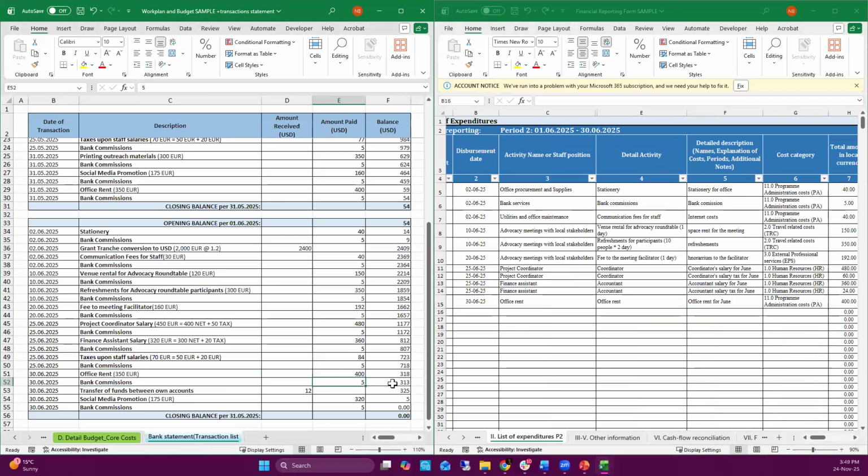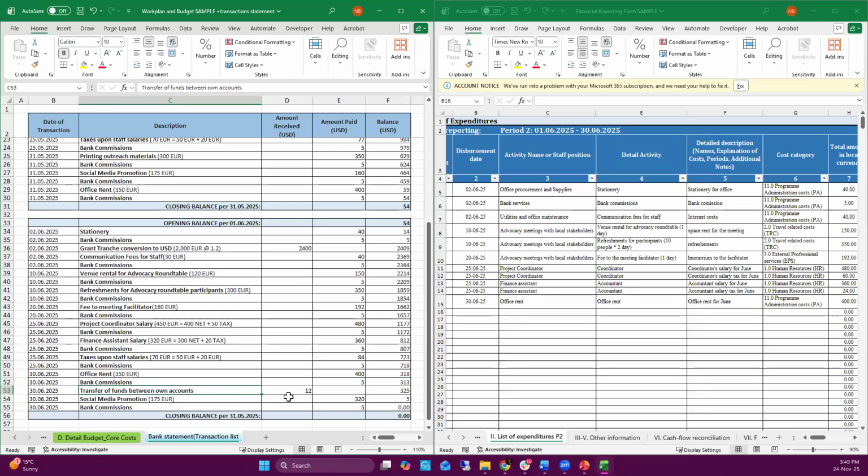Then we see that we have left this amount on our bank account, but we know that we have to pay Facebook for the media promotion 320, and we are lacking like 12 USD. And let's say that we borrowed it from other sources, maybe other projects, or maybe you just made an input.